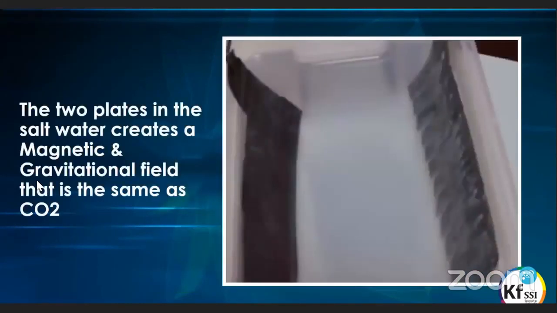So what we've created is the same as the leaf, with two plates within the salt water, and this creates the magnetical and gravitational field that is the same as the CO2, to attract.